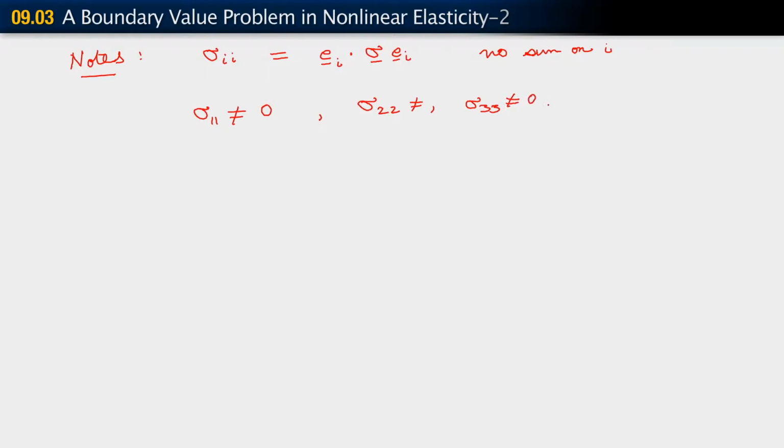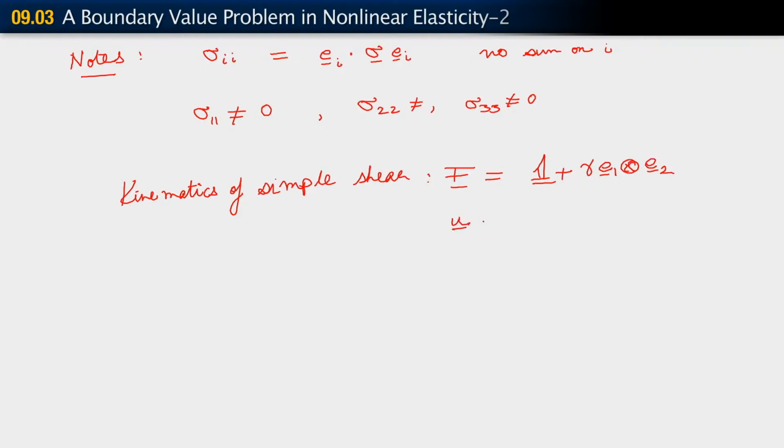So here you have a simple shear problem. The kinematics that we've chosen is the kinematics of simple shear, and we did that properly by saying that F has this form, or even going further back, by saying that the displacement field has that form.